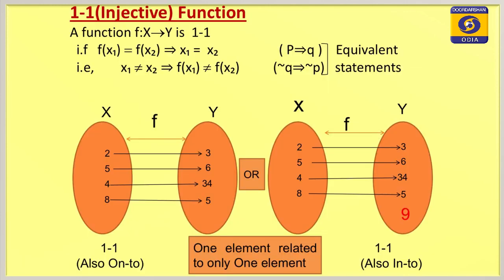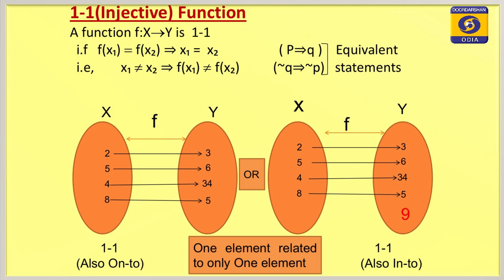Next, different types of function, and we start with the 1-1 function. So, 1-1 functions are of two types, either onto or into. You see the picture. What is a 1-1 function? It is the same as a 1-1 relation, but with the function condition. So, a 1-1 function can be onto or can be into.